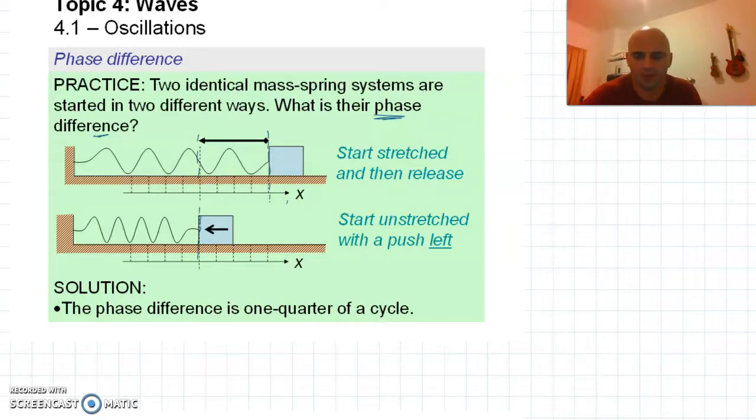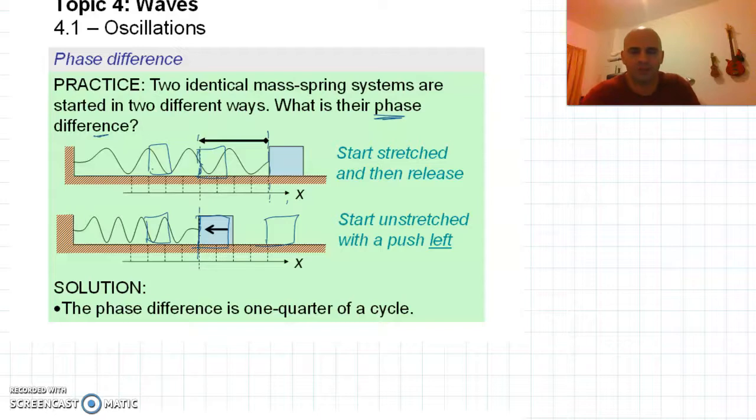So you can imagine that the first one, the top one, has to come all the way up here. By the time this one is here, this one is here. By the time this one gets to here, this one is now back here. And by the time this one gets back to here again, this one has moved all the way down to here. So it can be a little bit confusing when you look at it first, but this is actually 1/4 of a phase.